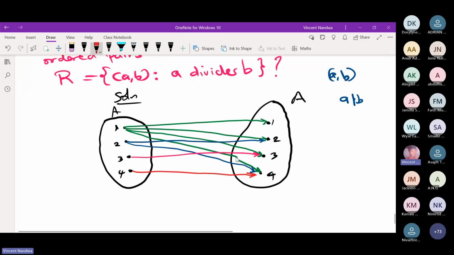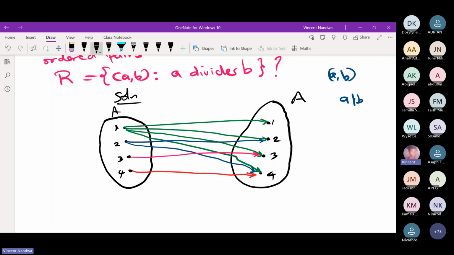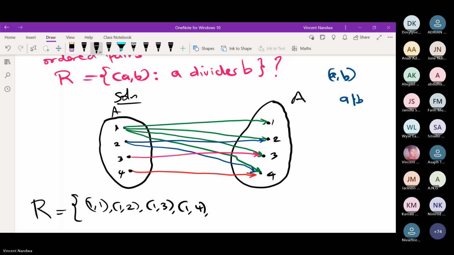Good. So therefore, with that graphical representation of what the condition in the relation tells you, you can comfortably write all the elements of R. So 1 is paired with all the other elements in the same set A. So we'll have (1,1), (1,2), (1,3), (1,4), and then 2 is paired with 2 with the condition, 2 is paired with 3, 2 is paired with 4 with that same condition.